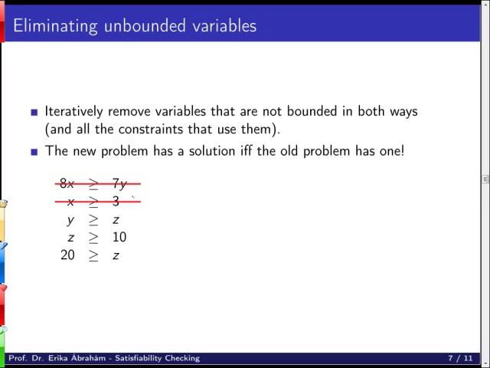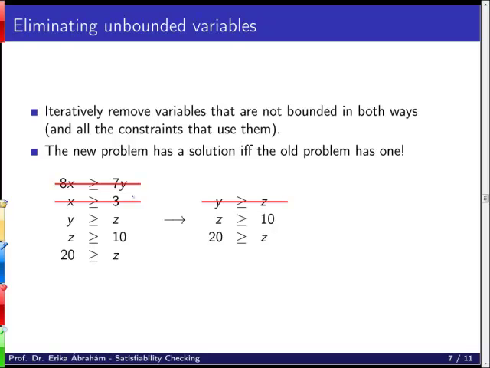Can I eliminate another variable this way? Yeah, I can eliminate y, because there is only one lower bound for y. Exactly. So the same holds for y. I can eliminate it.